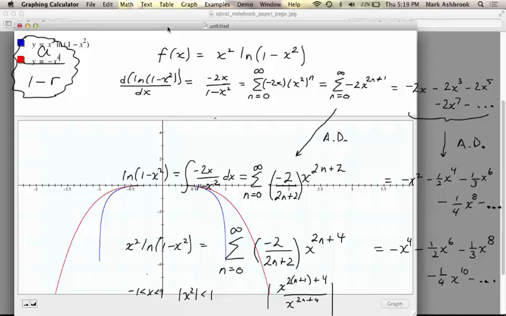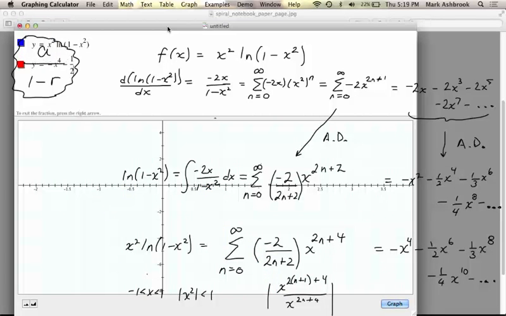So there's the first term. If we just do the first term, that's what it looks like. But then if we do -1/2 x to the 6th, does it get better? -1/3 x to the 8th.